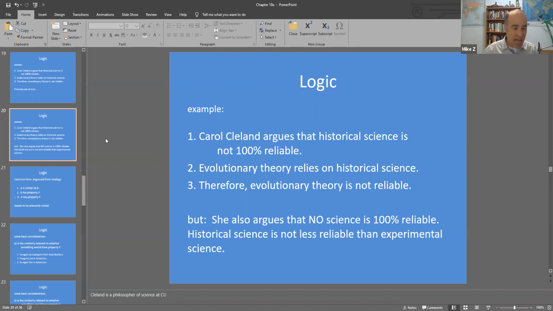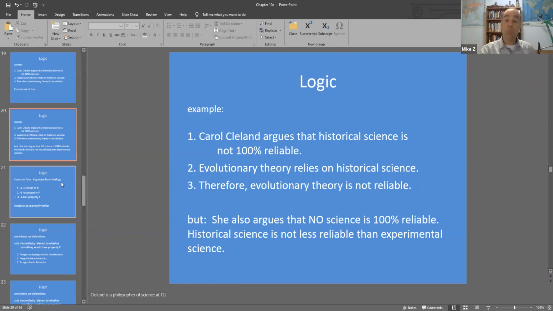Even physics and chemistry and these paradigmatic experimental sciences are not 100% reliable either. No science is 100% reliable. In fact, she even argues that historical science is no less reliable than any other field of science. And so, although the premises of this argument are true, they're misrepresenting what this particular authority really has to say about the quality of evolutionary theory.